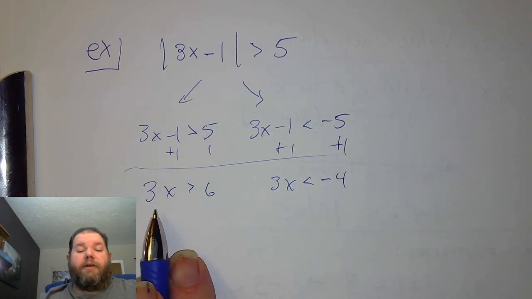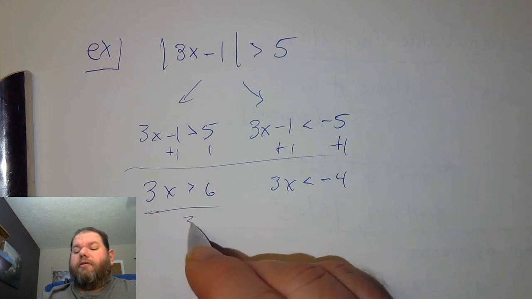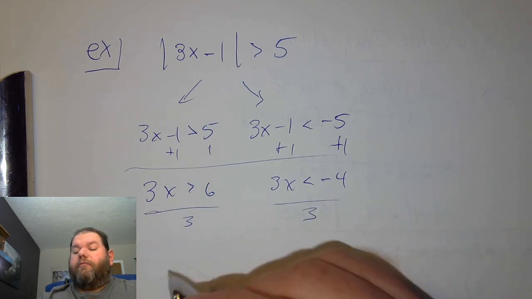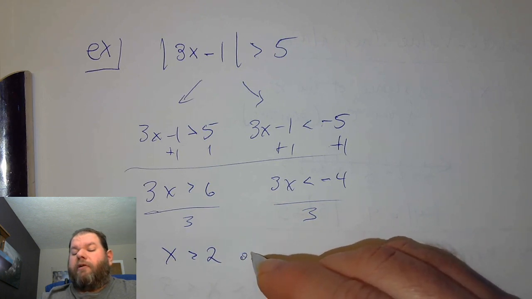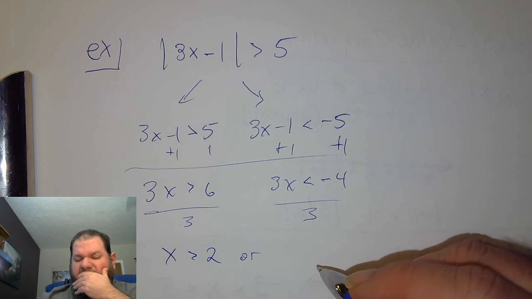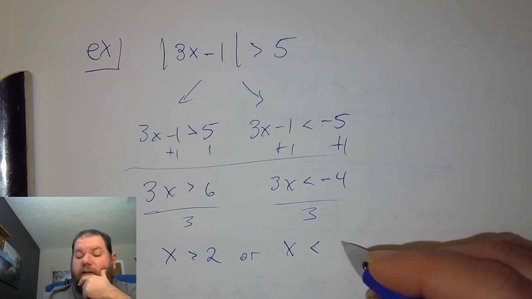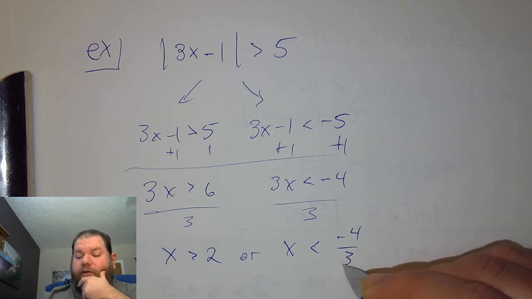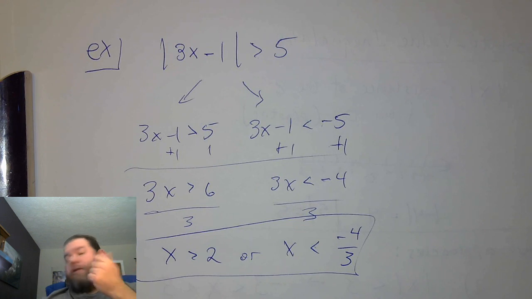And the second step to get x by itself is to divide by 3. So x is greater than 2, or x is less than negative 4 over 3. And that's our pair of solutions that we would use there.